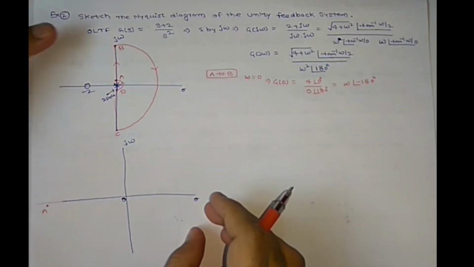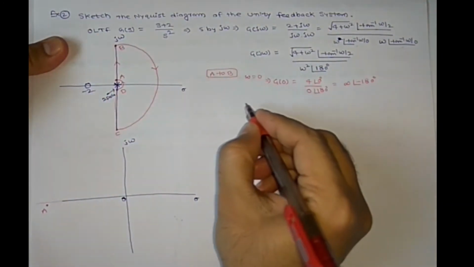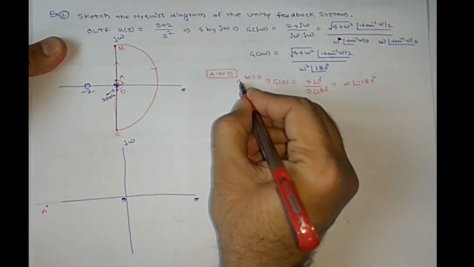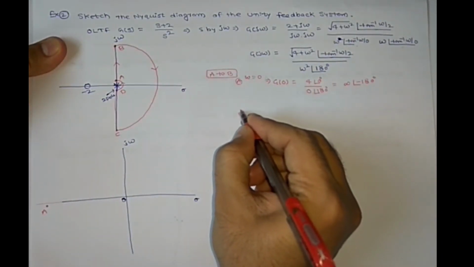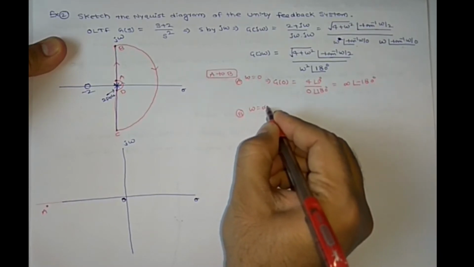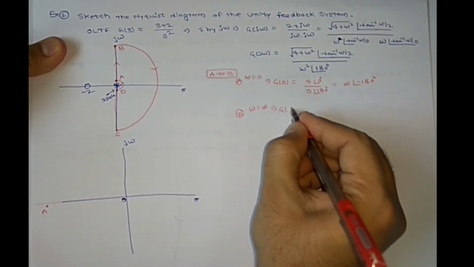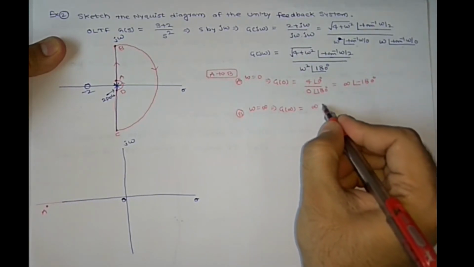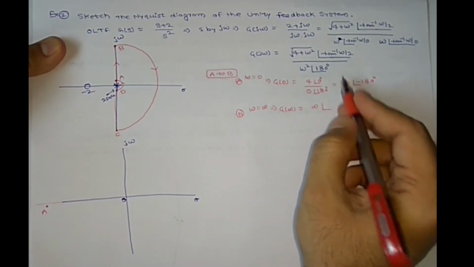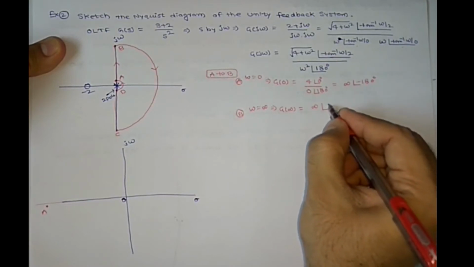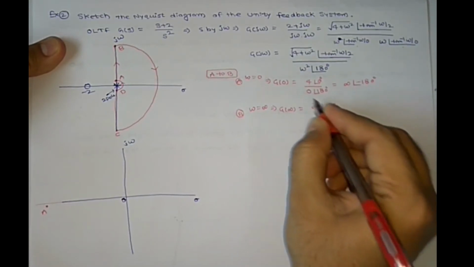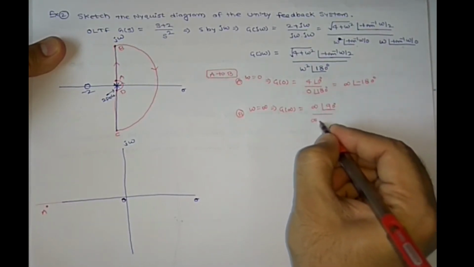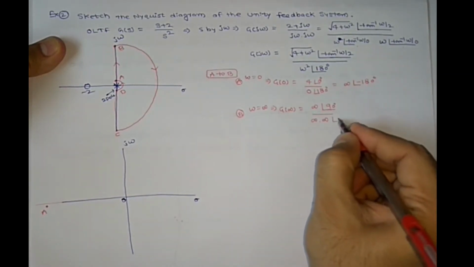Okay. Now let us see point B. B is at omega equal to infinity. So this is point A and point B I am drawing. Omega equal to infinity, G of infinity I am substituting. Tan inverse infinity means 90 degrees, and the denominator is infinity square at 180 degrees.